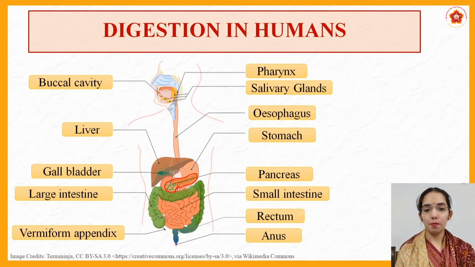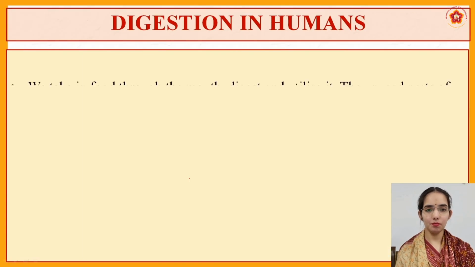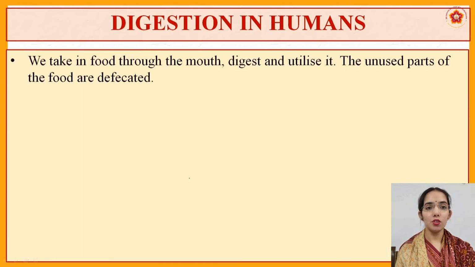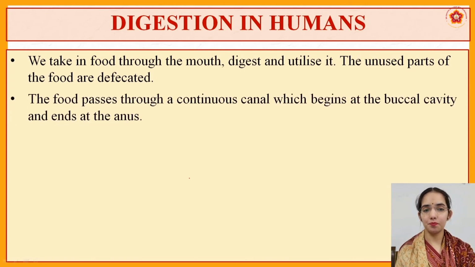So now you are aware about the path of the food and the various glands that are present. Both of these together form our digestive tract. Moving ahead. So we take in our food through the mouth. After taking it in, the food gets digested, then the food gets utilized, and the unused part of the food is defecated.